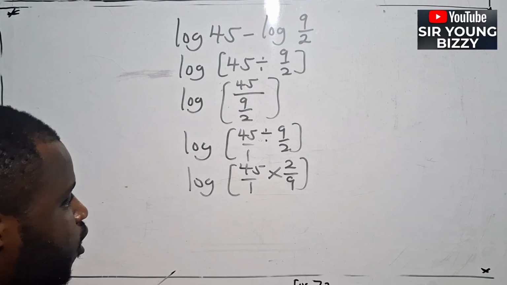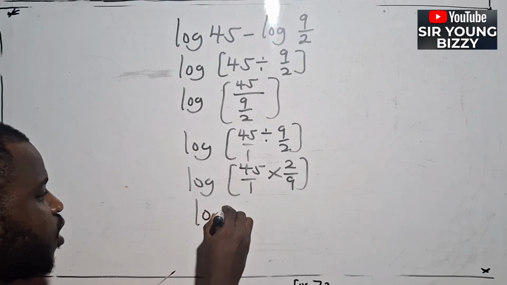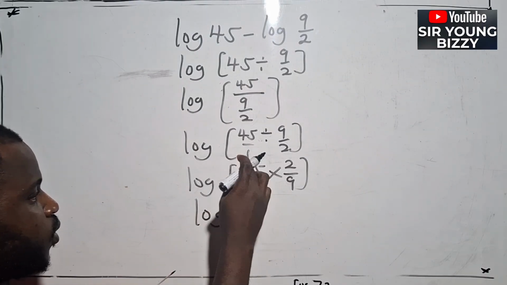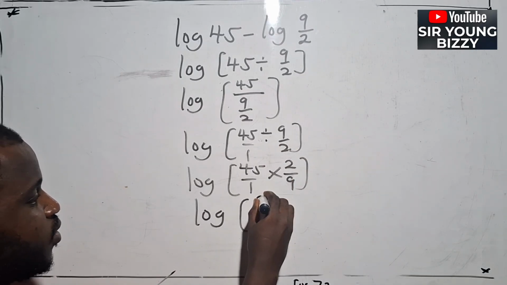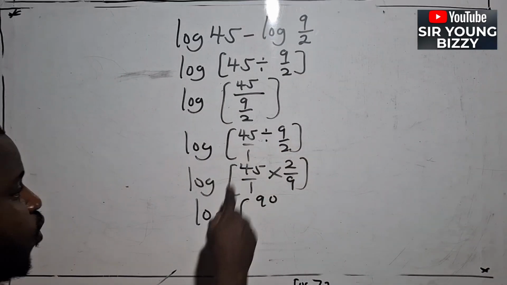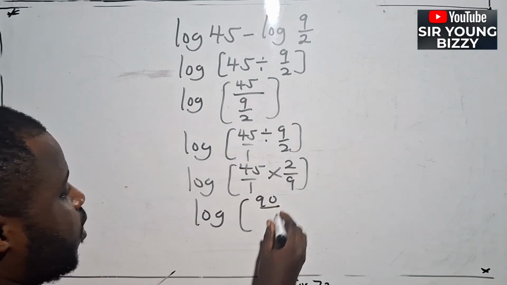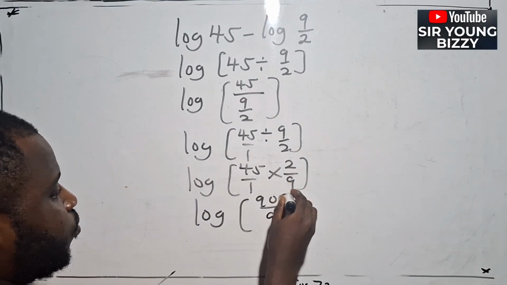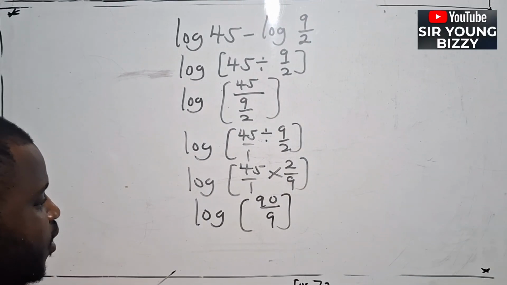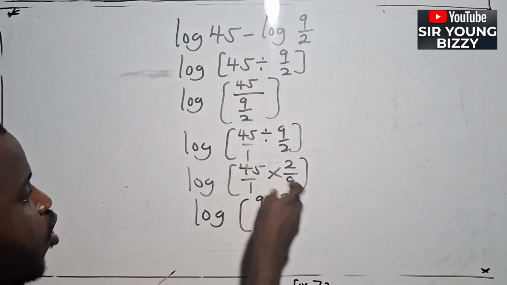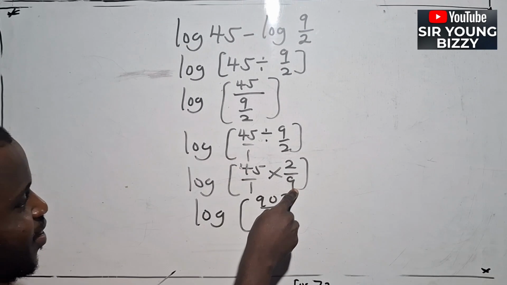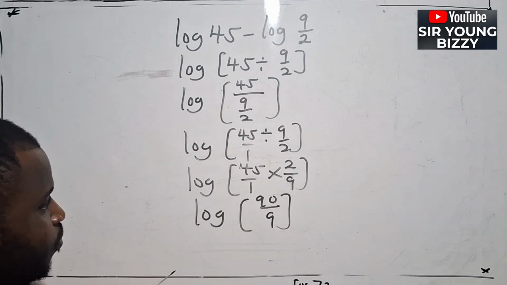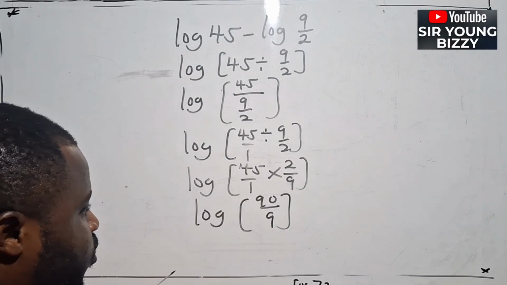You can go and check it out. So with this, we are going to have log 45 times 2 will give us 90. So 45 times 2 is 90 out of 9 times 1, which is 9. Yes. So with this, you can also cancel here. 9 can divide itself 1, can divide here 5, for which when you multiply, you are going to get 10.